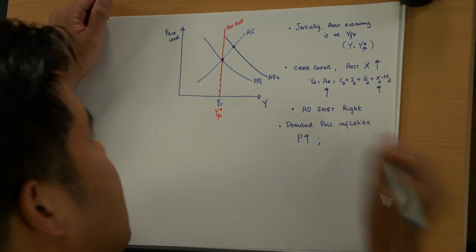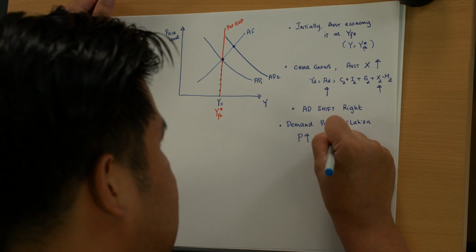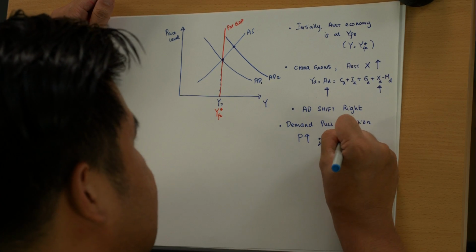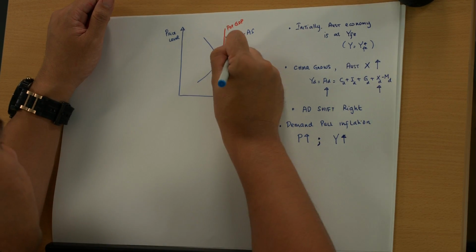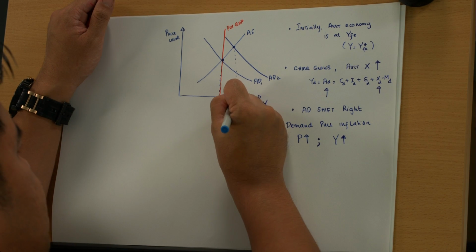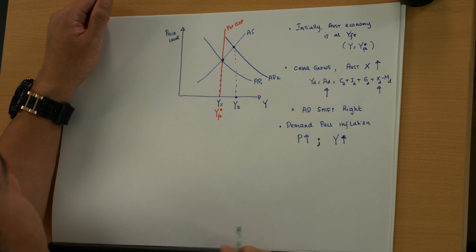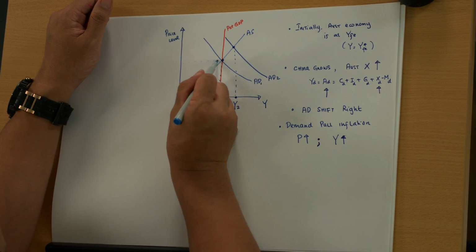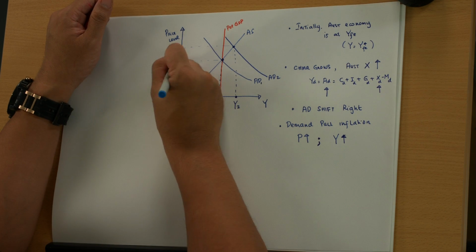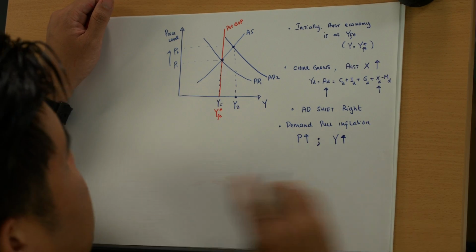Okay? Not just that, guys. Comma, GDP also goes up. Go up to where? Go up to here. Let me call that Y2. So price goes up, P1, P2. GDP goes up from Y to Y2.